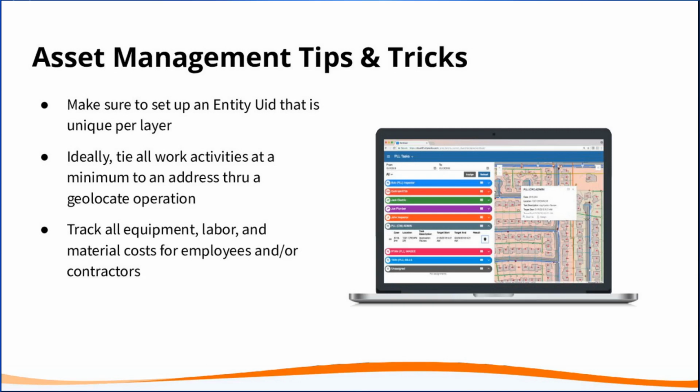That's better practice, especially when thinking forward to a potential migration to the utility network. Second, all activities, whether work management or permitting, should be tied to an asset or at a minimum tied to a location or an address through a geolocate. That way, each one of these activities inherently has geography. And third, all costs related to these activities should be tracked in Cityworks. That will potentially help us in the future derive the true life cycle cost of that asset.